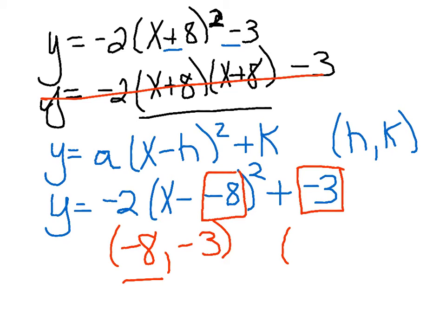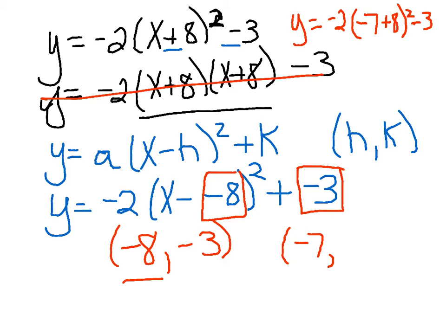And let's put a -7 in for x. If I did that, then I would have y equals -2 times -7 plus 8 squared minus 3.